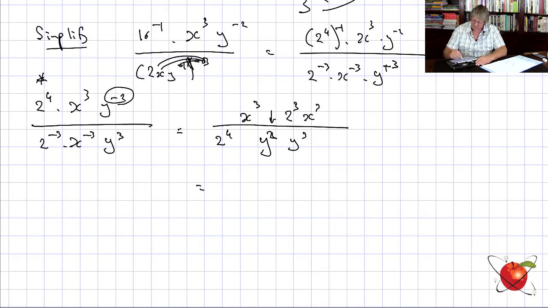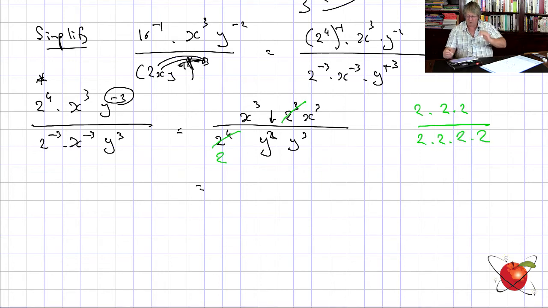So now let's cross cancel. Okay? Right, green. X cubed, no. 2 cubed, yes, leaving me with 2, because that's 2 times 2 times 2 over 2 times 2 times 2 times 2, right? 2 cubed over 2 to the 4th cancels, leaves us with 1 over 2. X squared, so I end up with nothing, right?